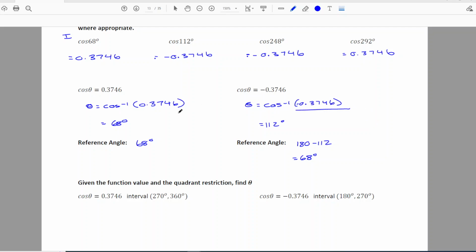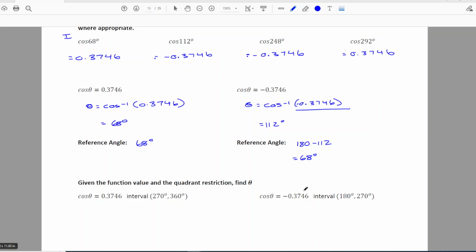Sometimes you could put in the positive ratio instead of the negative because you just want the reference angle. That's weird, right? It's like not doing what the question told you to do, and yet it's going to get you the answer in an easier way. Or if what I'm saying makes no sense to you, feel free to do the inverse cos of the negative ratio, get that angle, then find the reference angle, and then put it in the other quadrant.